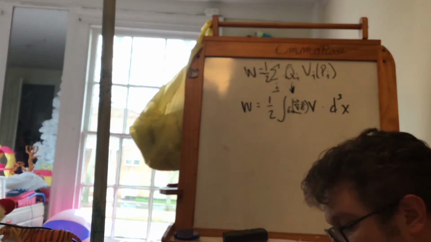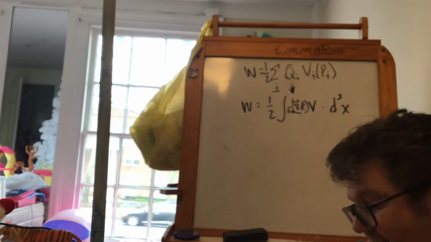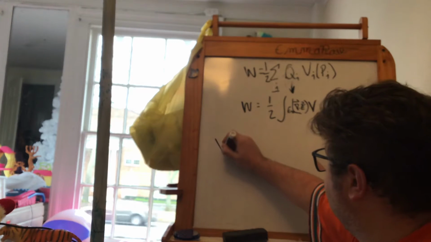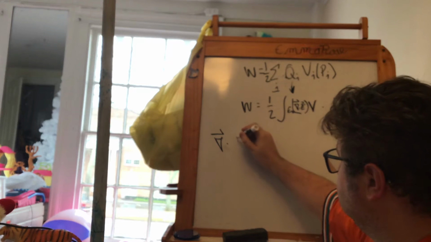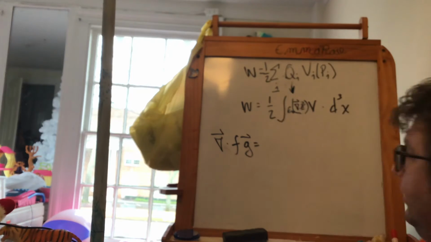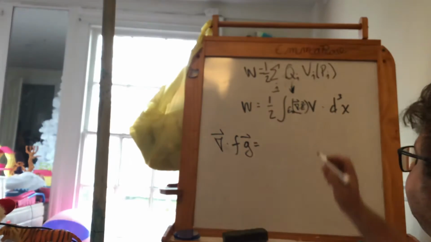Okay, now, again, we're going to do something really bizarre. We're going to look at the following vector identity. We're going to look at the divergence of a scalar, f, times a vector. And we're going to apply a vector identity to that.